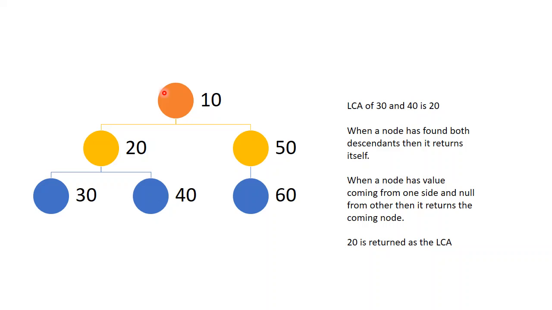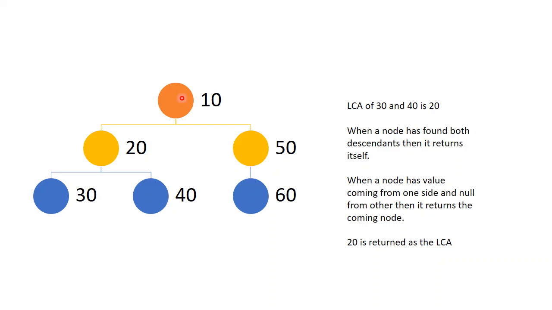The other easy and very reasonable logic is, if you have a value coming from one side and null coming from the other side, let's say we are looking for node 30 and node 50. We are currently at node 20 during the traversal process, trying to find the LCA of 30 and 50.